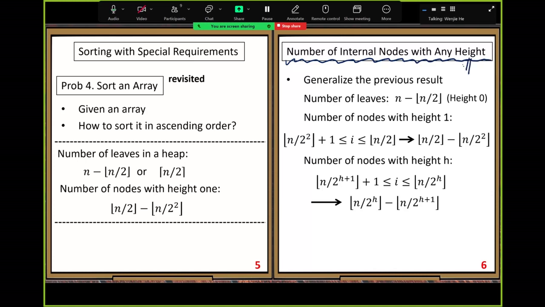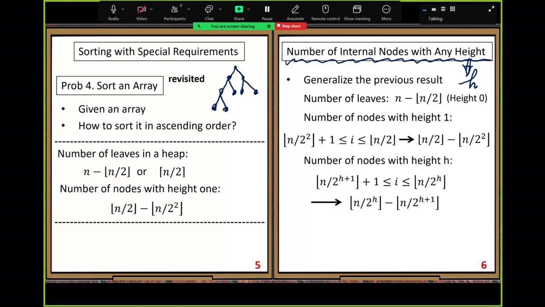I hope you know the meaning of the height. Last time I explained, so let me draw a heap again, a simple heap, just to refresh your memory a little bit.